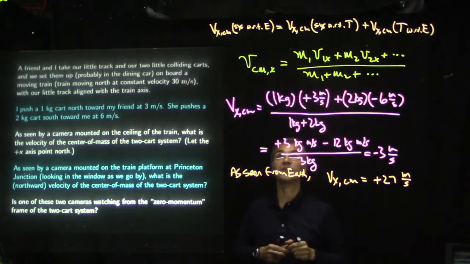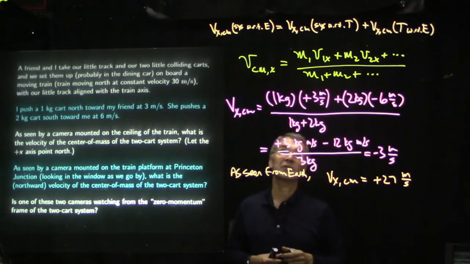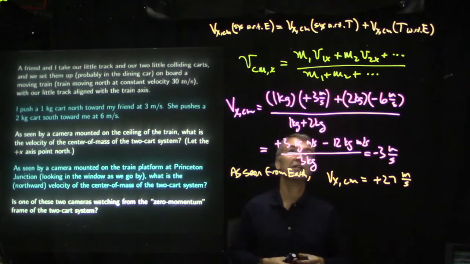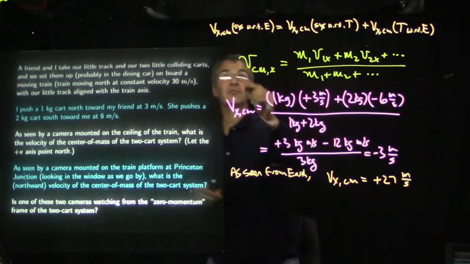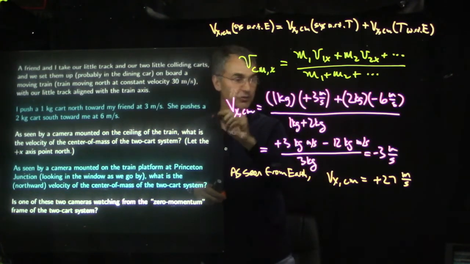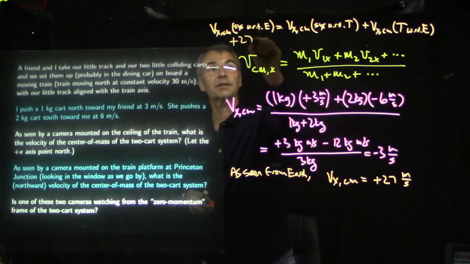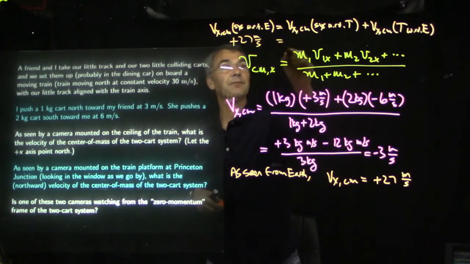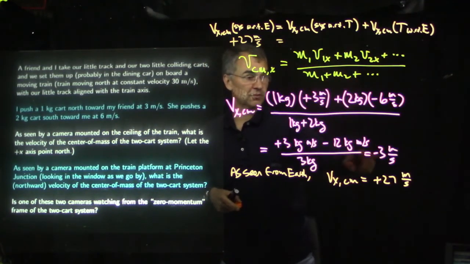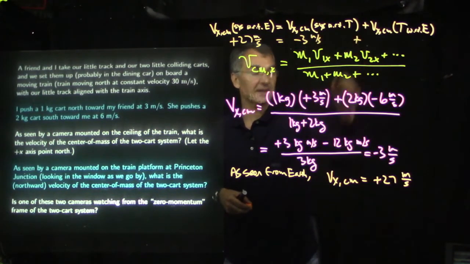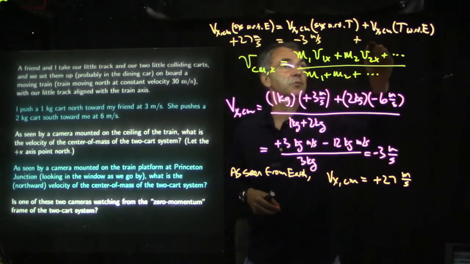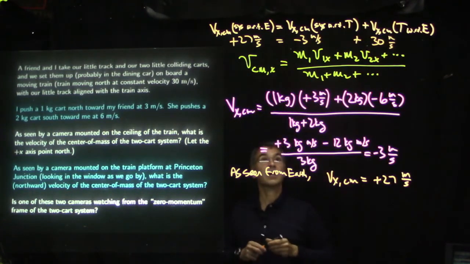Okay? So the velocity of the system with respect to Earth is the velocity of the system with respect to the train plus the velocity of the train with respect to Earth. And this value turned out to be plus 27 meters per second. And this was this number we worked out, minus 3 meters per second. And then this is plus 30 meters per second. So that's how I got that.